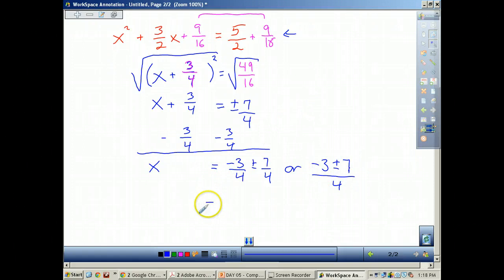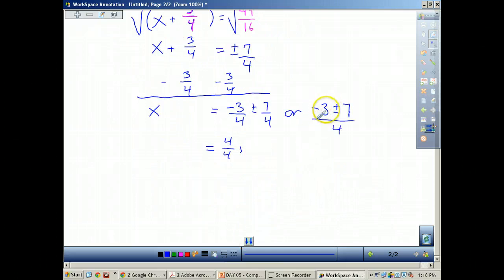So, optional: negative 3 plus 7 over 4, and negative 3 minus 7, negative 10 over 4. So we have 1 and negative 5 over 2.